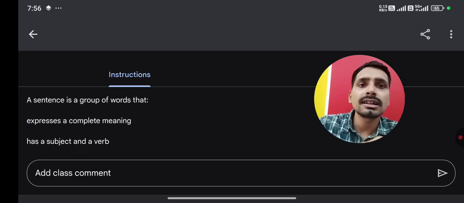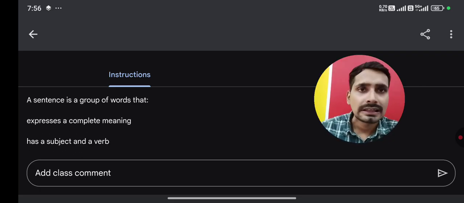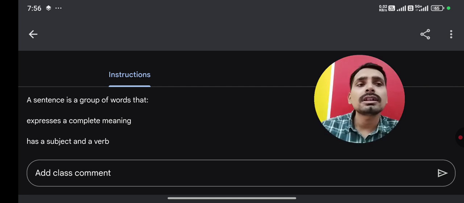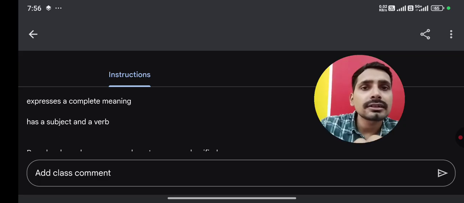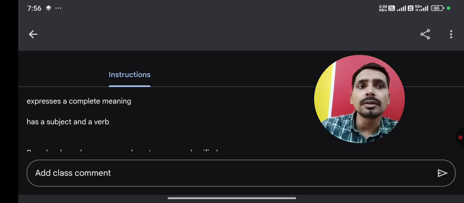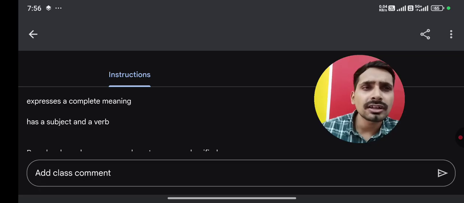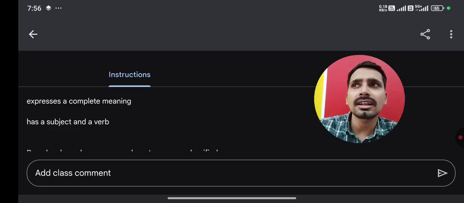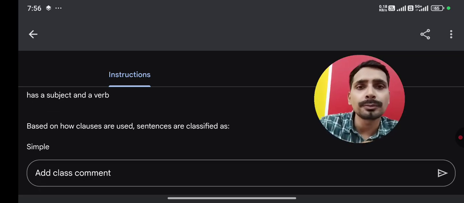Number one, what is a sentence? A sentence is a group of words that expresses a complete meaning. And always remember, a sentence has a subject and a verb. The more subjects and verbs you have, the more complex and big sentences you can form.